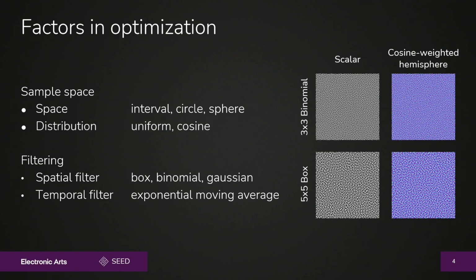Okay. And in general, so just to preview the kind of thing that we can generate with our tool, here is a 2x2 grid of possible noise patterns that you can construct. And you can, just to show that you can independently vary the type of the samples. So on the left, you'll see just scalars, just numbers between 0 and 1, and on the right, cosine weighted hemisphere.